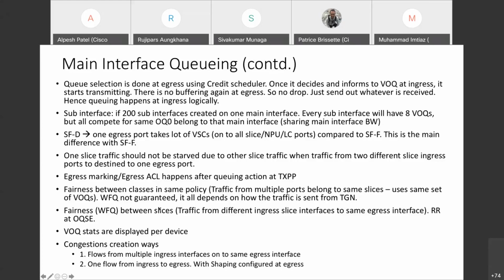Either we can send multiple ingress interfaces to the same egress interface, or we can have shaping configured on the egress side, which will create the congestion scenario. And why are we talking about that? There is a very important discussion upcoming where we will see the traffic with and without congestion and see how that makes some difference.